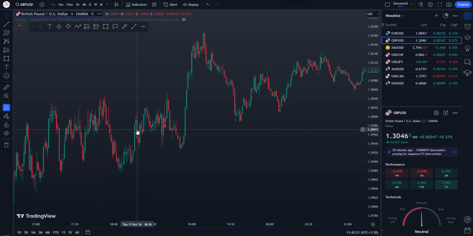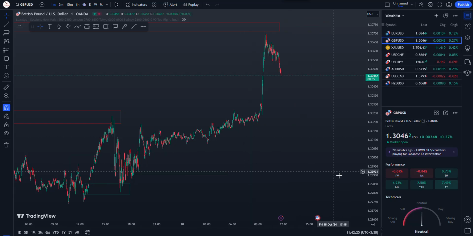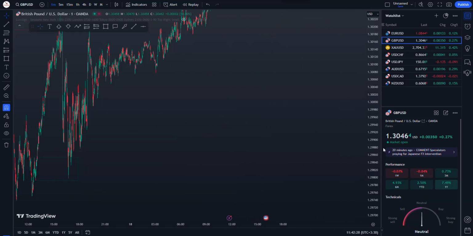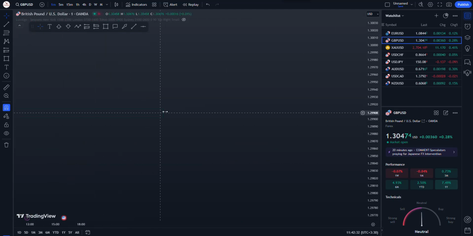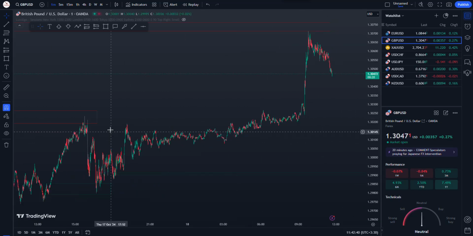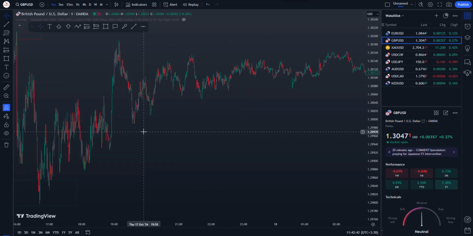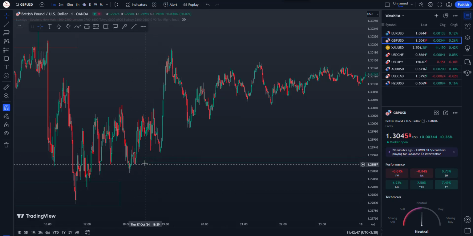so it can be important. It can be accepted as an interested area for making long, and I can imagine this level holds price and makes a high. So we have to actually examine alternative scenarios. Maybe this one is not there, maybe we have actually missed data here, maybe something else has happened here.